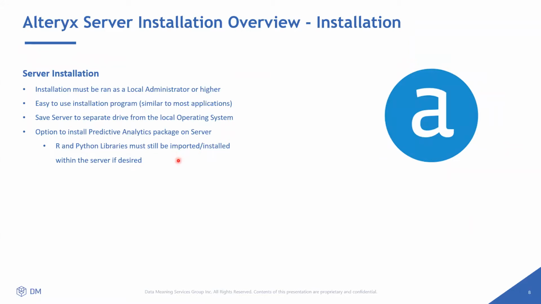So if you are using custom Python libraries or R, you need to make sure that as part of your Q&A, as part of getting your server operational, you import these at least once into your environment so that they are there. What's done with the predictive analytics is opening up the means to do this. Taking it a step further is how you make sure that all of these are intact and good to go.